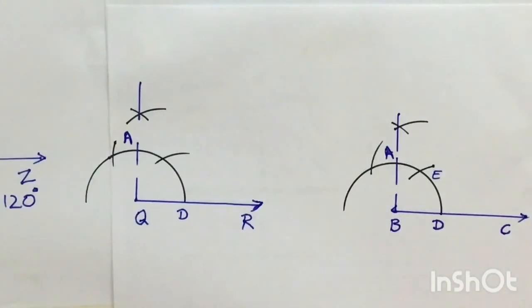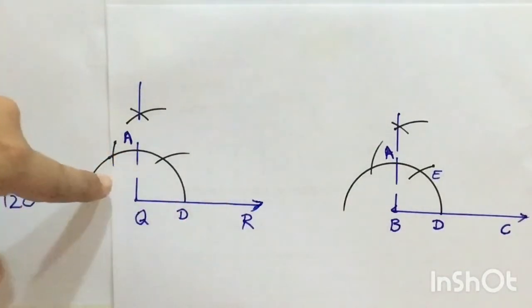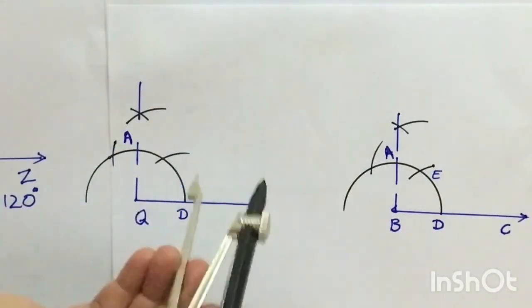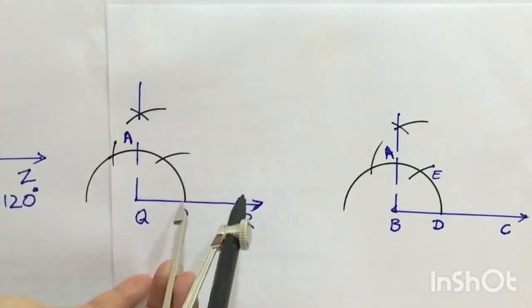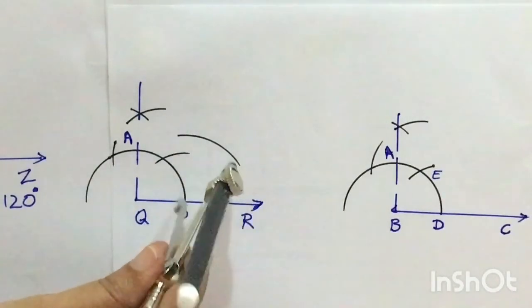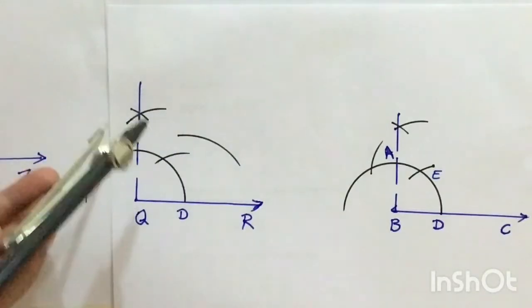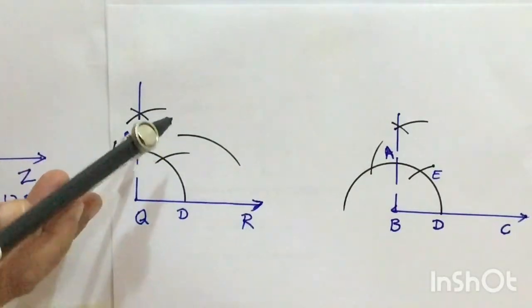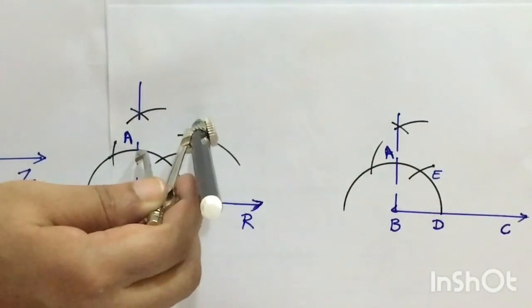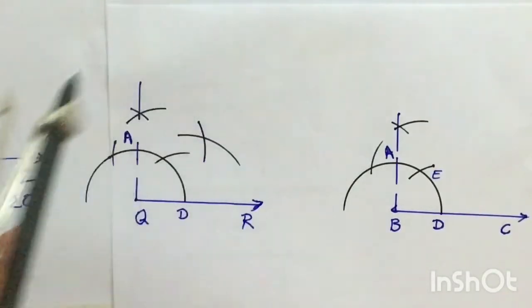Now I am changing the size of width, because a 90 degree angle is formed. Placing the needle on point D, mark an arc, and with point A, which is on the semicircle, mark another arc which cuts the previous one at point P.